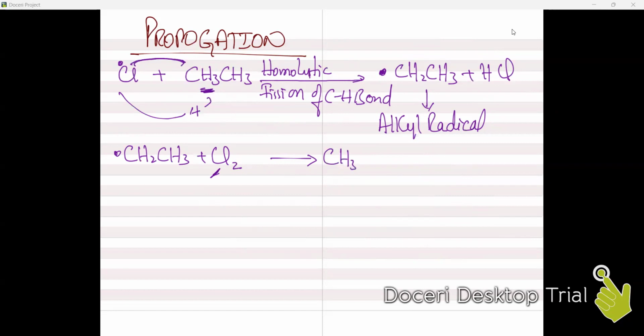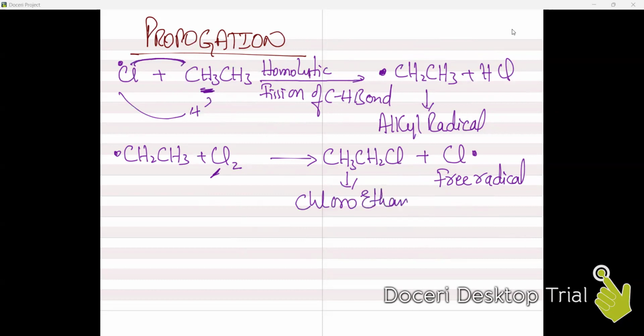One chlorine will come and attach over here, and one chlorine will become a free radical once again, ready to attack another one. The cycle goes on and on. Now this is what we call chloroethane. So this will attack again, the first step will be repeated, and the reaction will go on and on till termination happens.